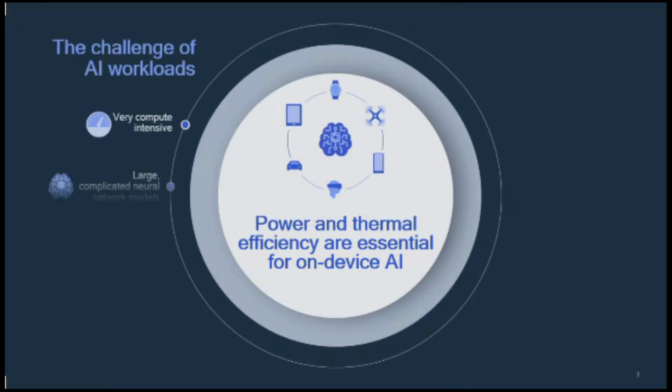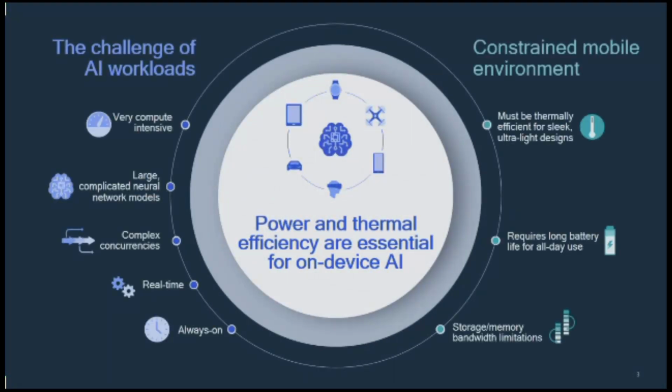So let's take a quick look at the challenge of AI model workloads. I know the previous talk has talked about that a lot, but in IoT devices, we are making sure that our large model, which is computation intensive, when we want to ship that to IoT devices such as MCUs, it usually has to run on a long battery life at all times.